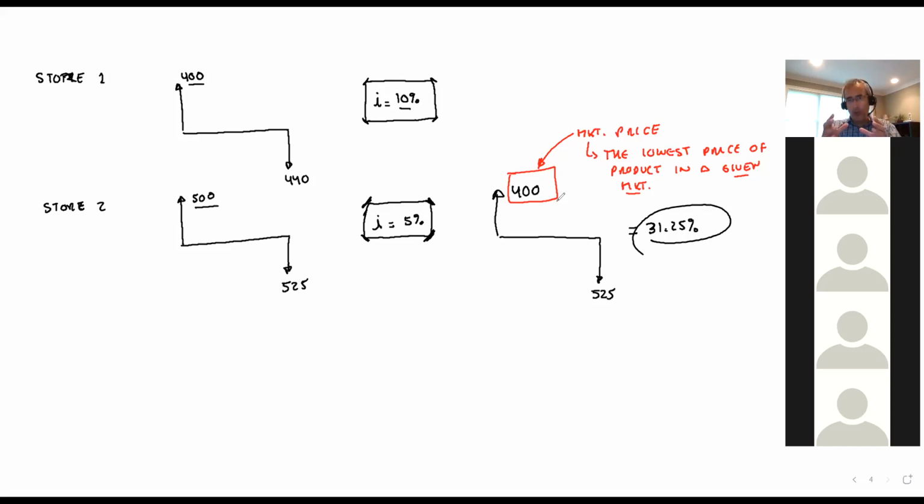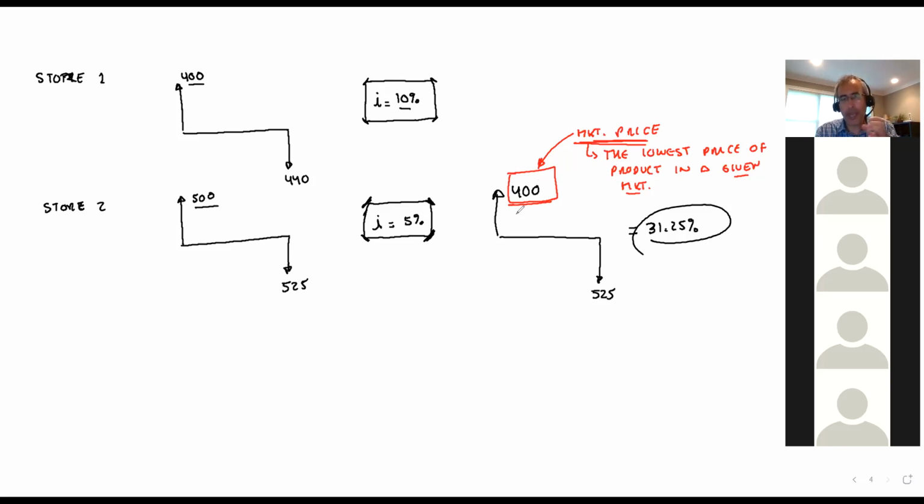So the lowest price in a given market implies perhaps in a mall or in a small town or perhaps in a city. That's it. So this is the market price, and this market price, guys, is the one that is going to standardize all the analysis. We need to analyze what is the real interest rate we are paying based on the market price. Got it? So that's going to be crucial.